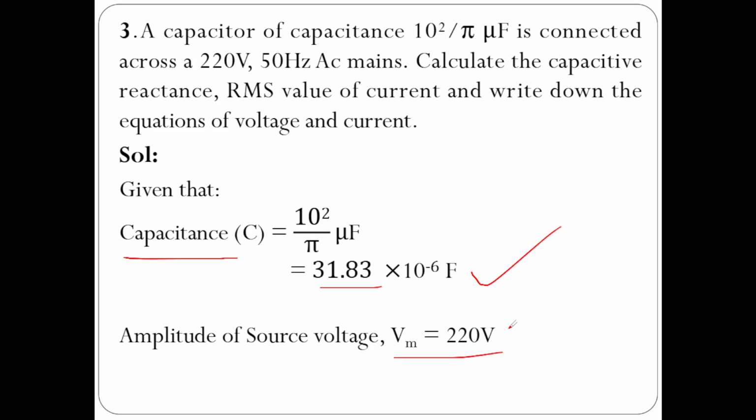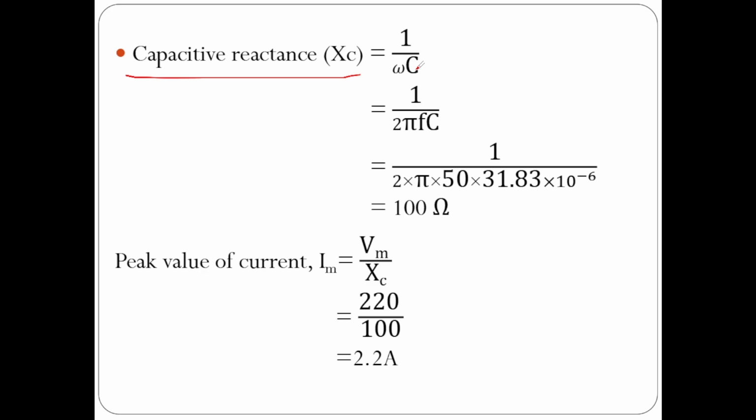Now the capacitive reactance XC is equal to 1 by omega C. The omega value is 2 pi f, so 1 by 2 pi f C. Substitute the f value and the C value. You already know the pi value. So 1 divided by 2 pi into 50 into 31.83 into 10 power minus 6.